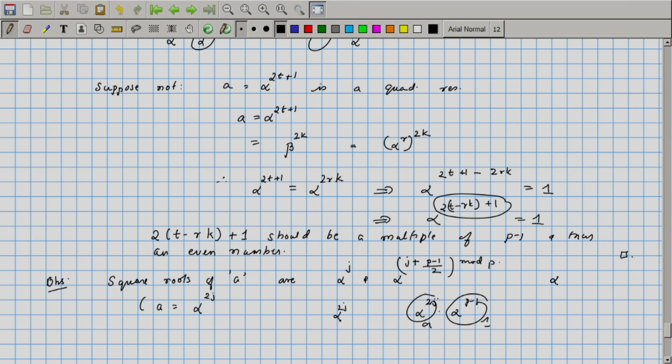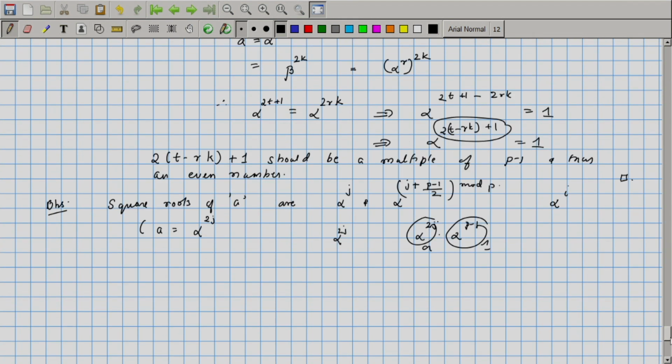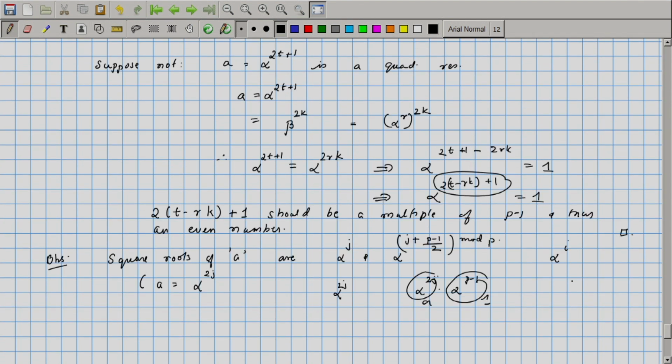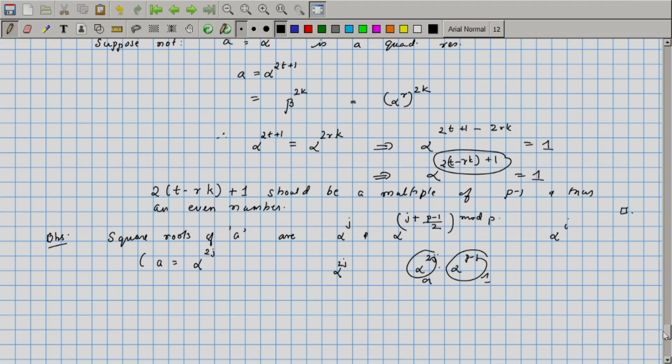Because you can say that if there was any other square root, alpha to the power i, then we will get, so let us see what goes wrong. If alpha to the i is a square root of a, then alpha to the 2j is equal to alpha to the 2i.